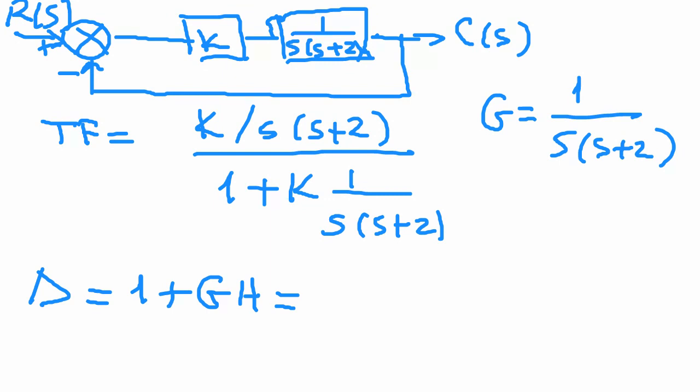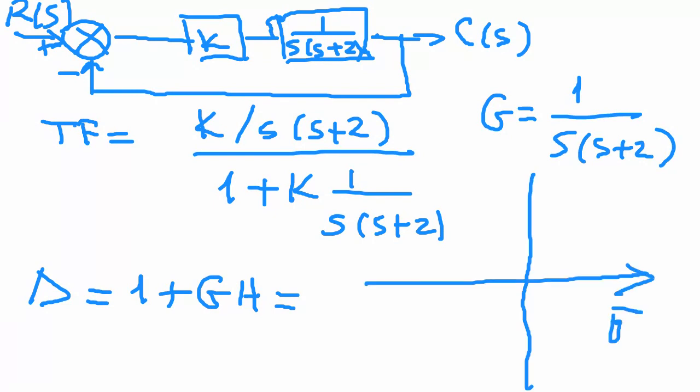So if I draw here, one of the poles of the G is located here, s equals 0.